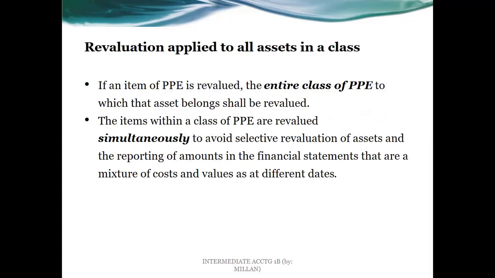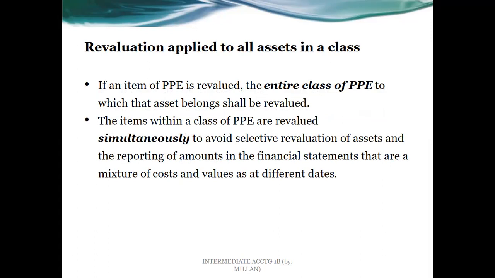Then revaluation, as explained, has to be applied to all assets in a class. If an item of PPE is revalued, so let's say a certain building has been revalued, meaning all buildings should be revalued as well. The items within a class of PPE are revalued simultaneously.